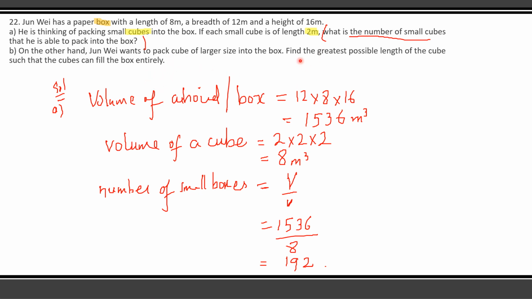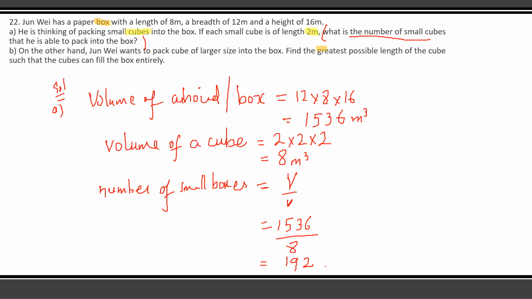Now what we have to find is the greatest possible length of the cube such that the cubes can fill the box entirely. So in this case, what we will do is basically find the highest common factor, right? See, the keyword that's used here is greatest, right?